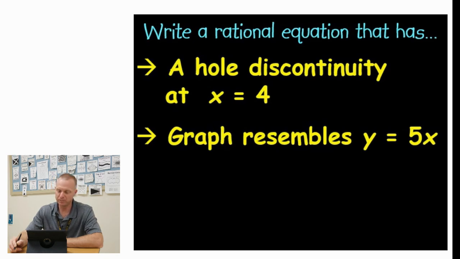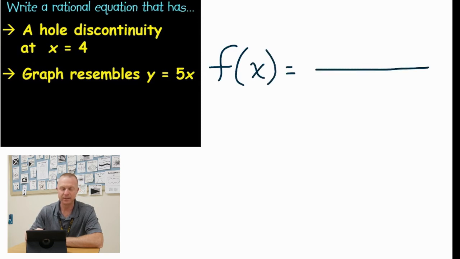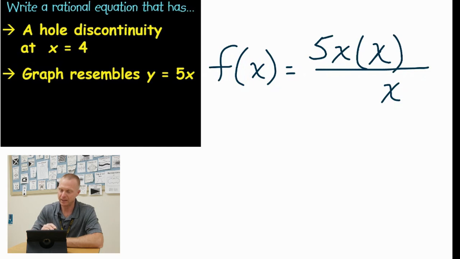So we'll do another hole, but this time the graph is going to resemble 5x. Now you have to realize that this gets into that sort of specialty case, where I want to make sure that after we do the division, okay, now go ahead and I'll put the parentheses around just the 5x.